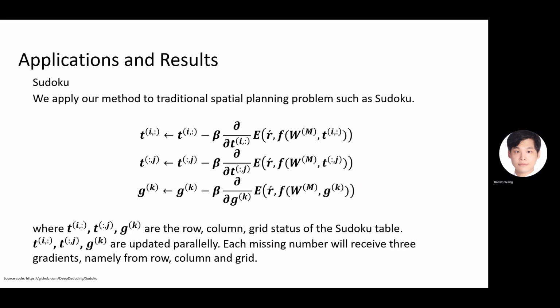After learning, we feed the row, the column, and the grid of the Sudoku table into this scenario and select a deep neural network for this row, column, and grid to update its missing number. So each missing number will receive 3 gradients coming from row, column, and grid. After the update, the missing number with the highest value will be selected as the next visible number, and this process starts all over again until there is no more missing number.